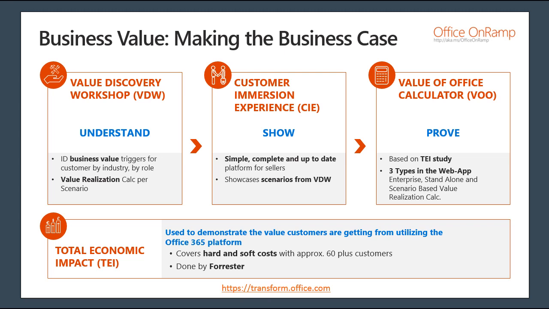Basically, they sample 50 to 60 different customers and then use the data that they gather to come up with numbers that say Office 365 is a solution for you, and it gives you the quantification on why the benefits outweigh the cost to switch to Office 365. So all of the business value program tools that you see here, starting from VDW all the way down to VOO, have the underlying factor of this Total Economic Impact study.